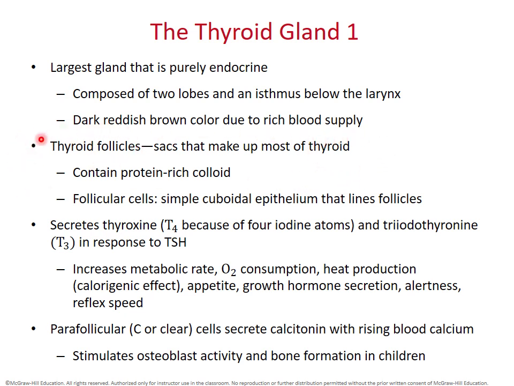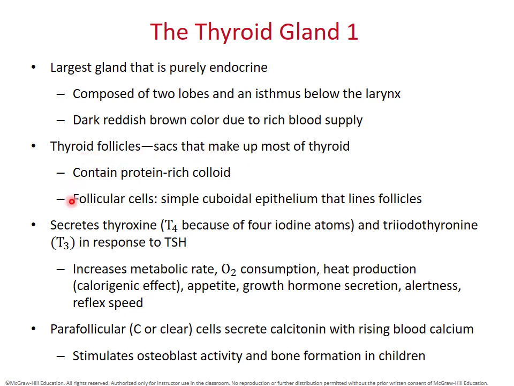It consists of hollow sacs called follicles, and these are known as thyroid follicles. And these follicles are usually filled with a very thick, viscous, protein-rich substance known as thyroglobulin. So these big sac-like structures are filled with a material known as thyroglobulin.